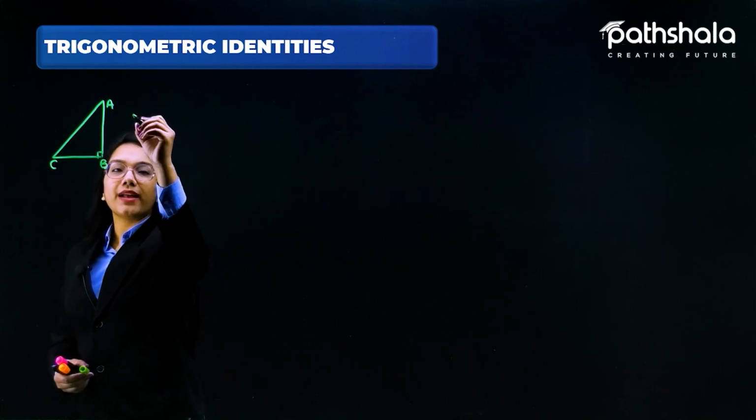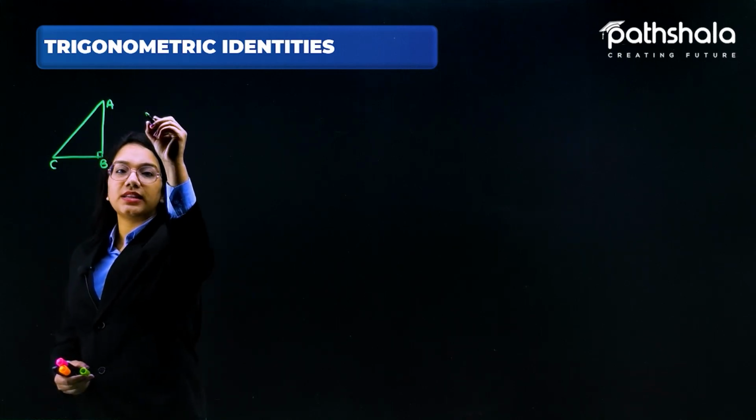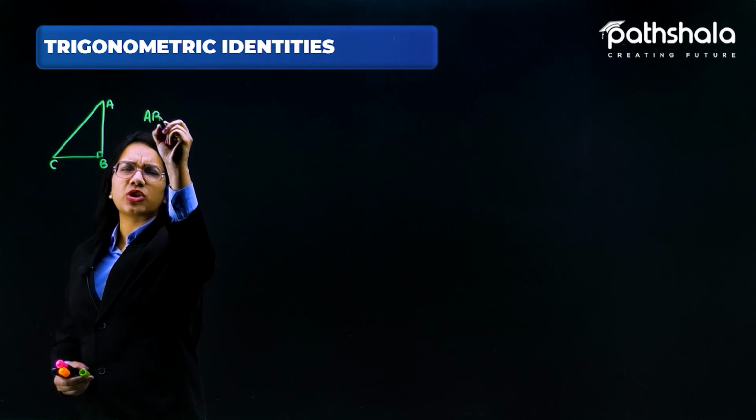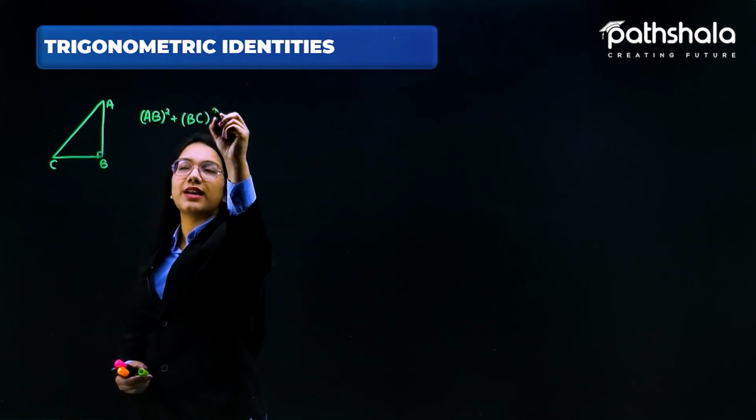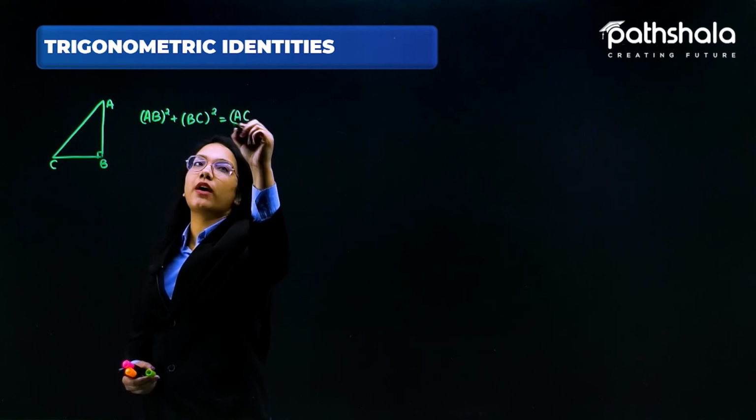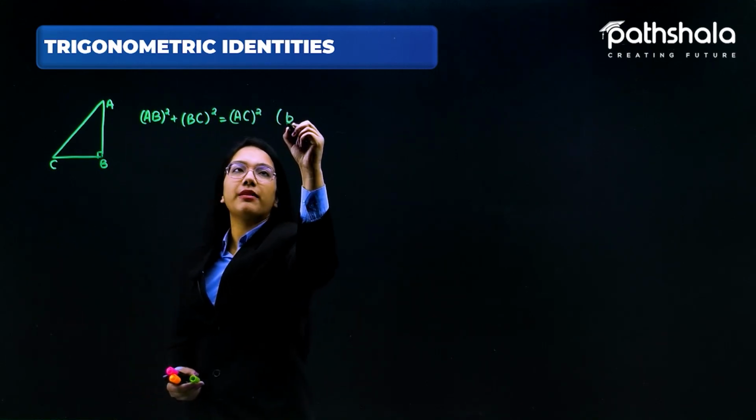By the Pythagoras theorem, AB whole square plus BC whole square is equal to AC whole square.